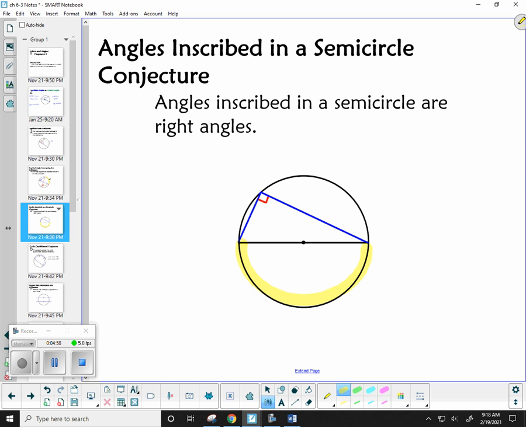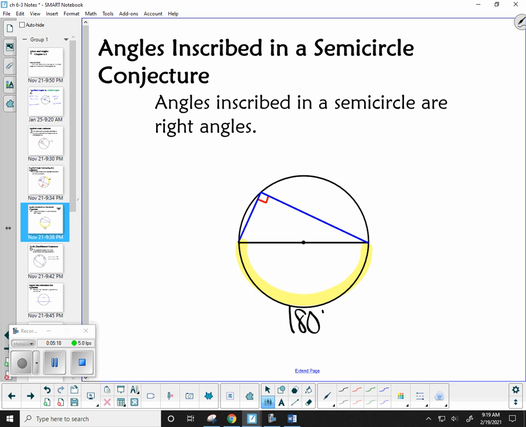So let's think through why that is logical. First of all, I have an inscribed angle, right? Because the vertex is on the circle. I have a diameter here, so this then becomes a semicircle. What's the measure of every semicircle? 180 degrees.